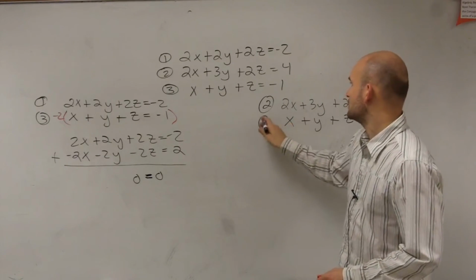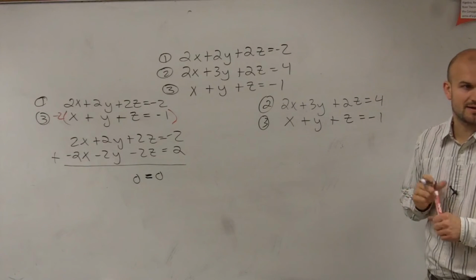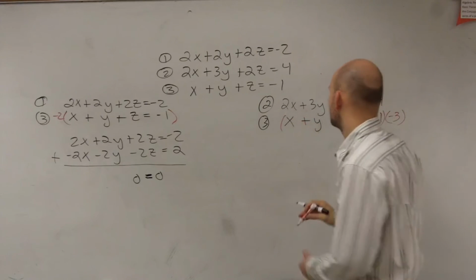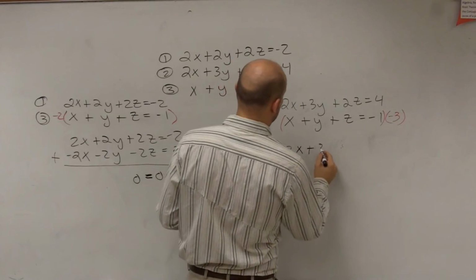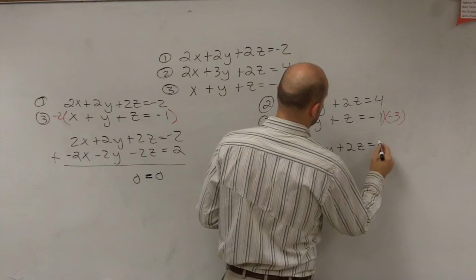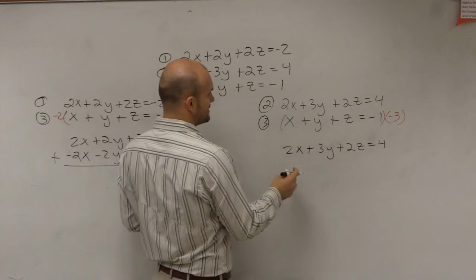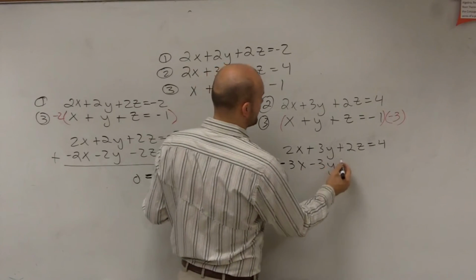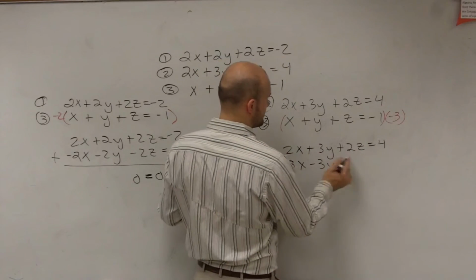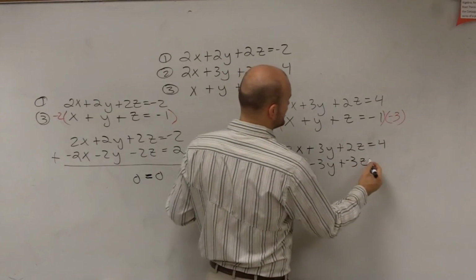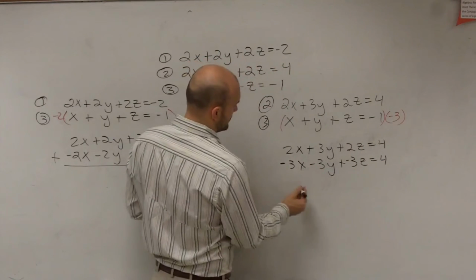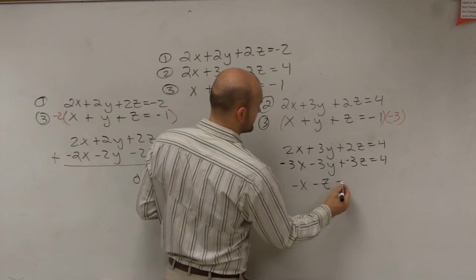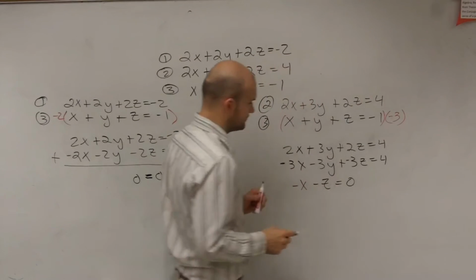To eliminate y on this one, we're going to have to multiply the bottom equation by -3, right? So you get 2x plus 3y plus 2z equals 4. And here we get -3x minus 3y minus 3z equals 3. But you get -x, 0y, minus z equals 7.